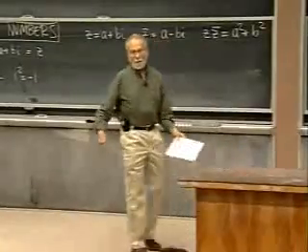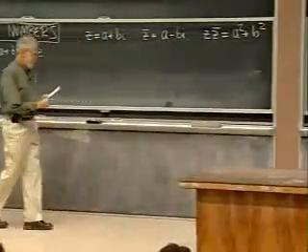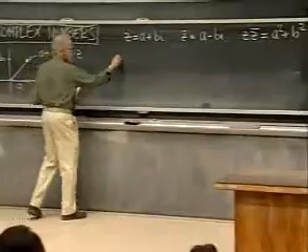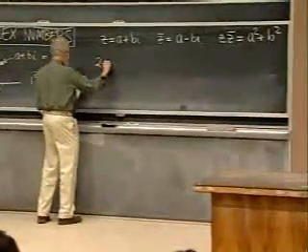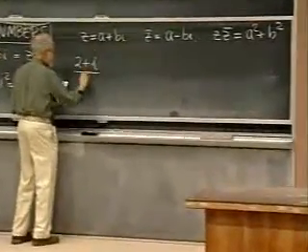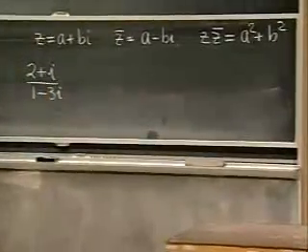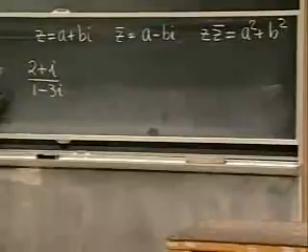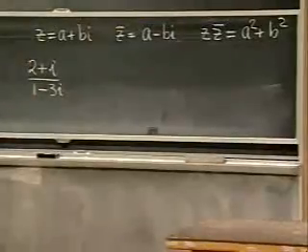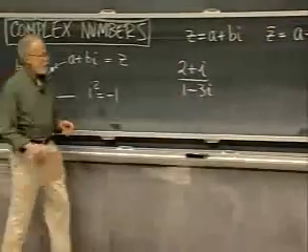Suppose, for example, we wanted to calculate (2 plus i) divided by (1 minus 3i). Calculate means I want to do the division and express the answer in the form a plus bi.